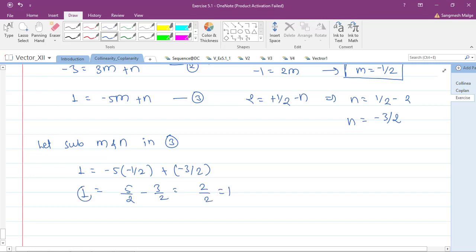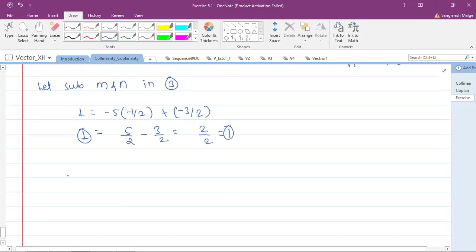So the left hand side equals the right hand side. Therefore, we can conclude that the given vectors are coplanar vectors. That's it. This is the only thing the question is asking for.